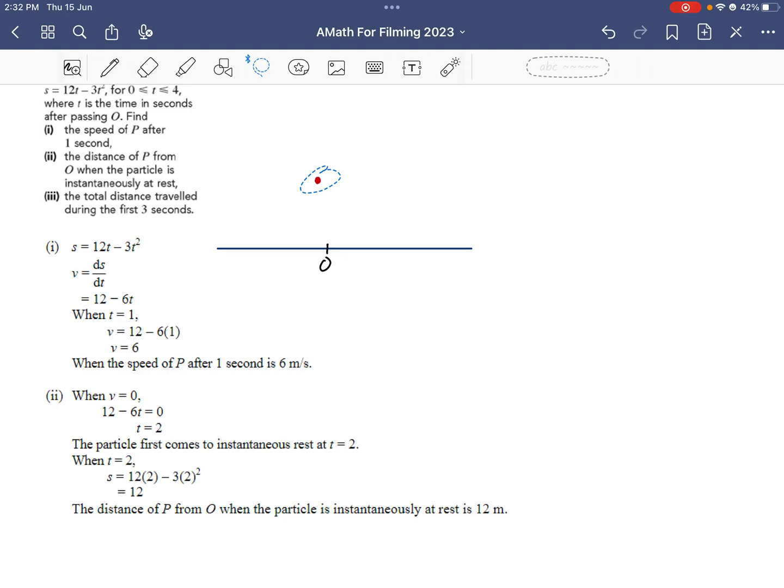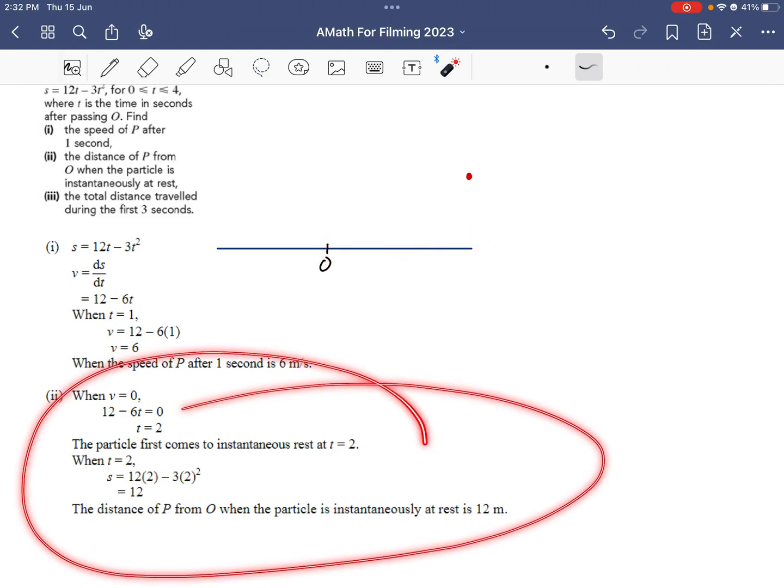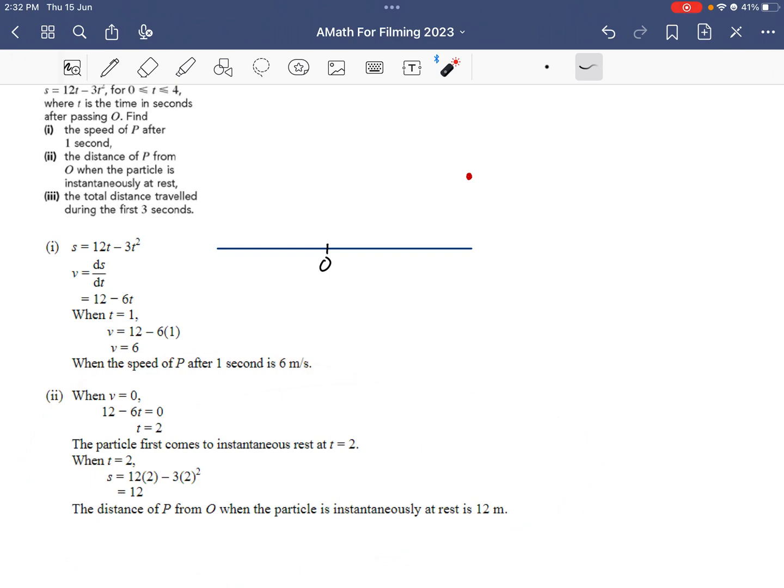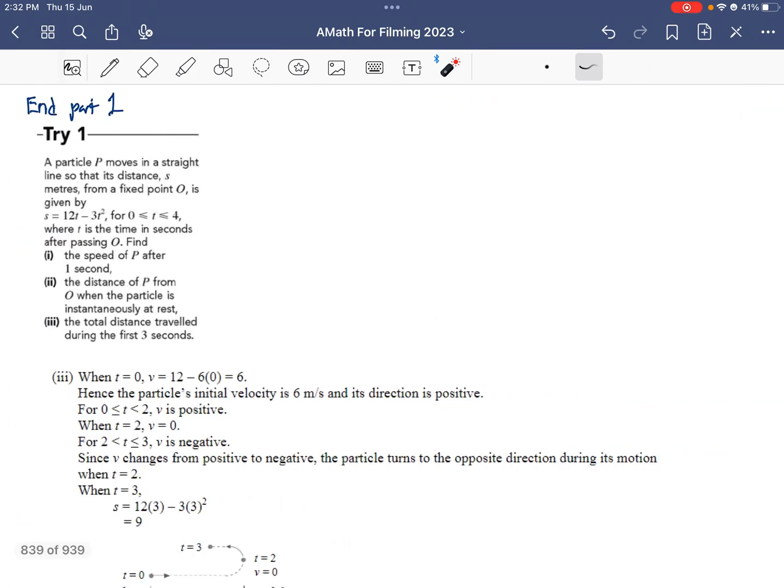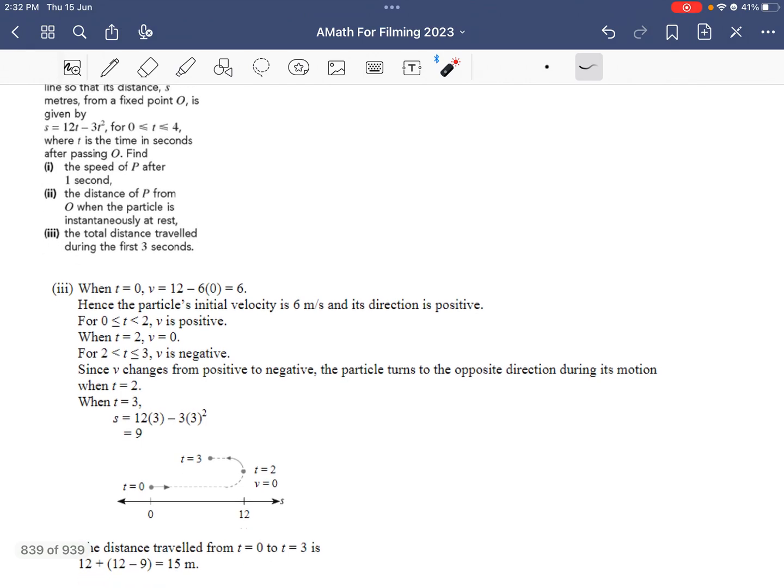So the distance from p when it first comes to rest is at t equals 2. So when t equals 2, I substitute into my displacement equation, and what I get is 12 meters. So if you can just imagine, from here to here, after 2 seconds, it has traveled 12 meters. That's why for part 2, t equals 2 when the distance is 12 meters.